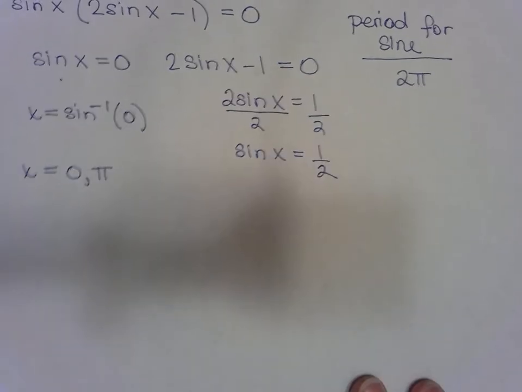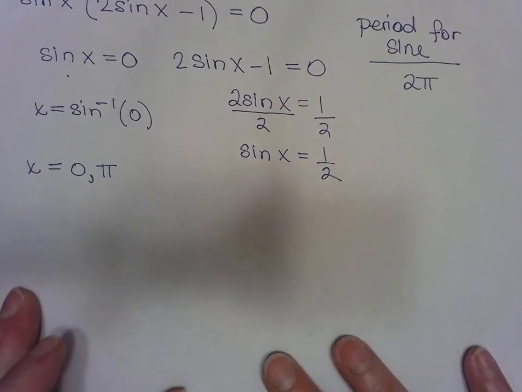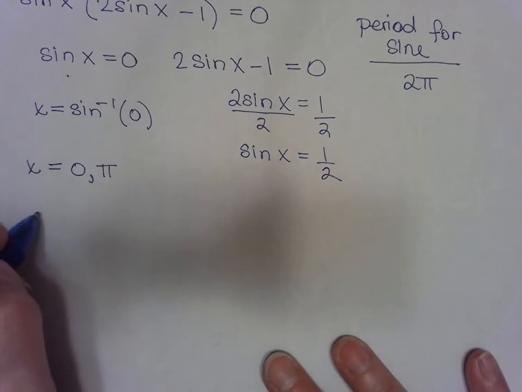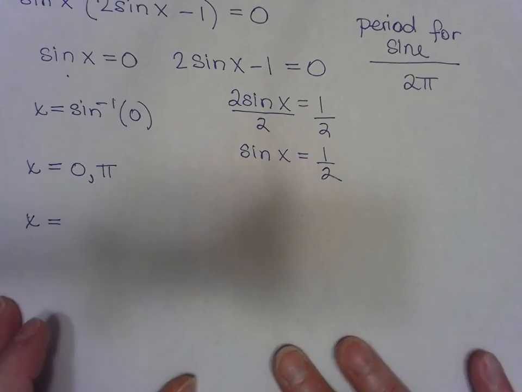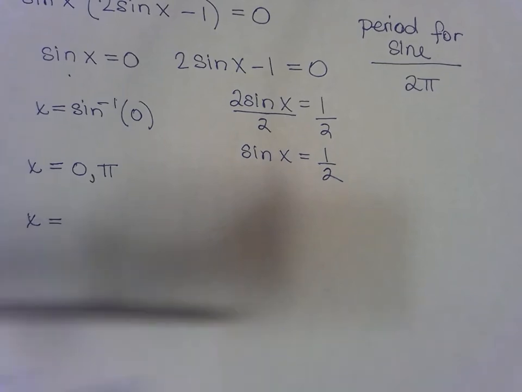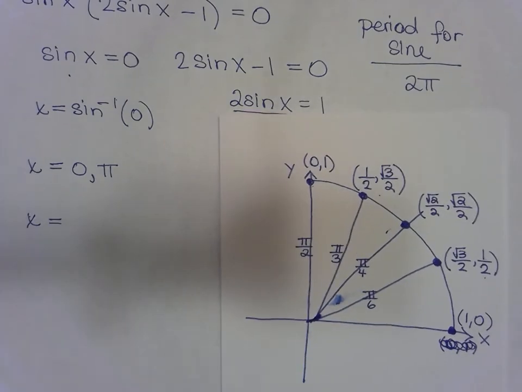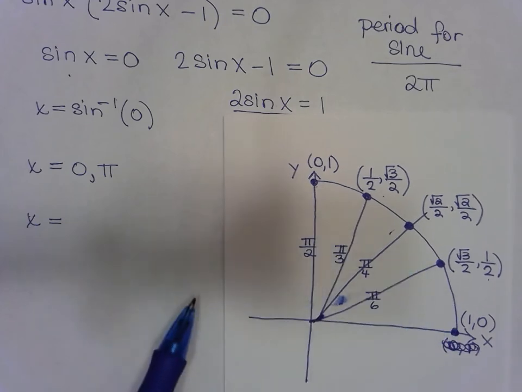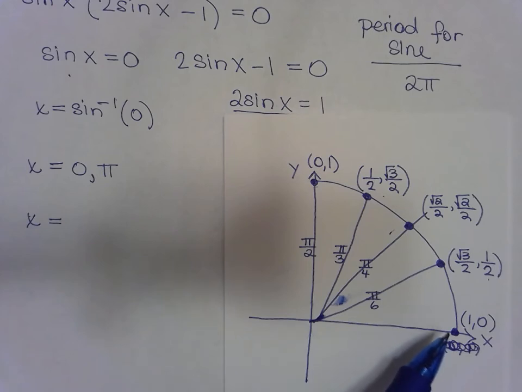All right, so really we're going to have, well, let's think about that again, actually. 0, pi, 2 pi, 3 pi, and so on. So really, any multiple of pi is going to be a solution.